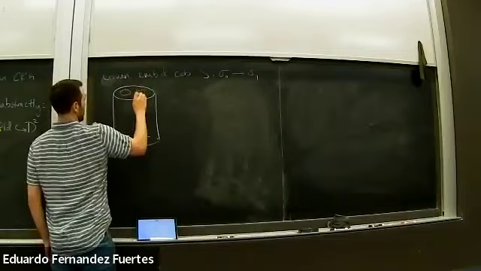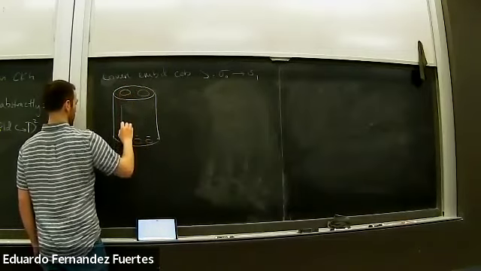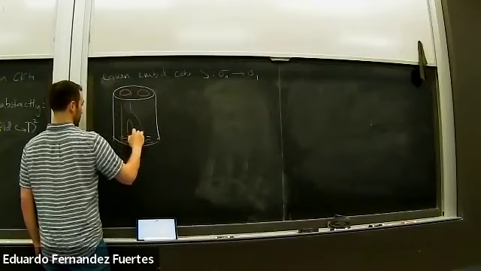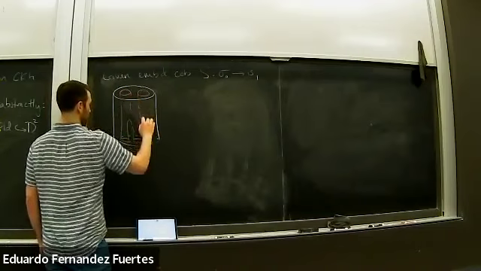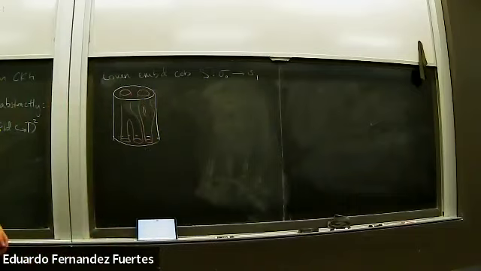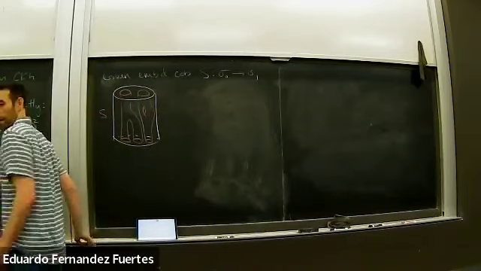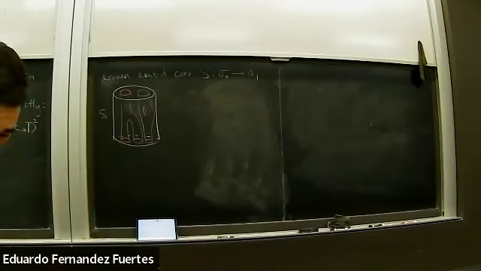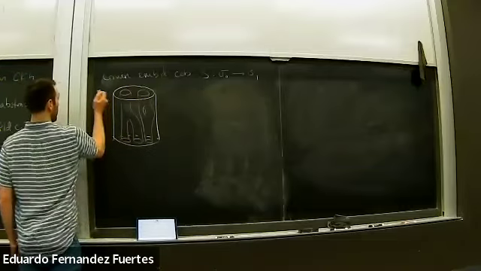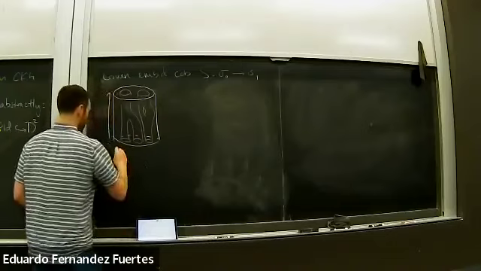So maybe I've got 2 up here, maybe I've got 3 down here. Here's S inside there. And I'm going to think about this as going up in D2 cross the interval.